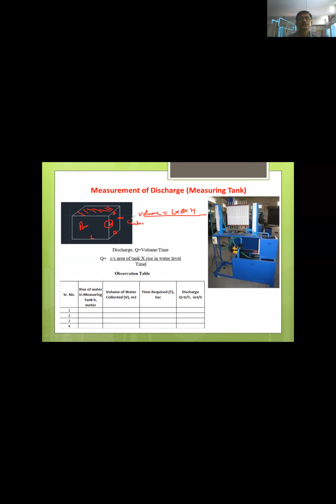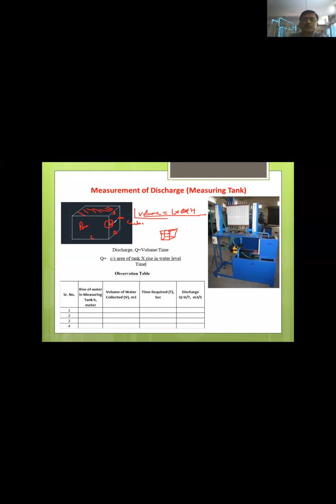Cube generally has all three sides the same, but a cuboid or parallelepiped has different sizes. So L into B into H can be used as the formula to find the volume of this tank.